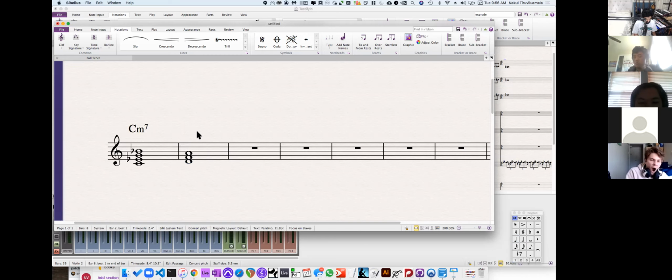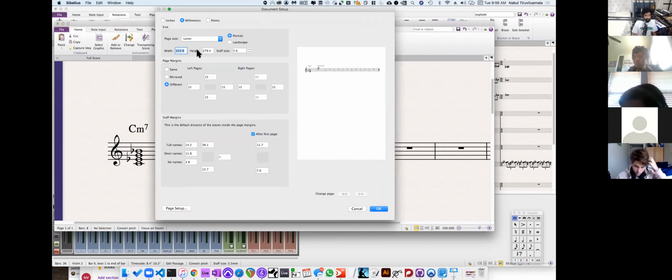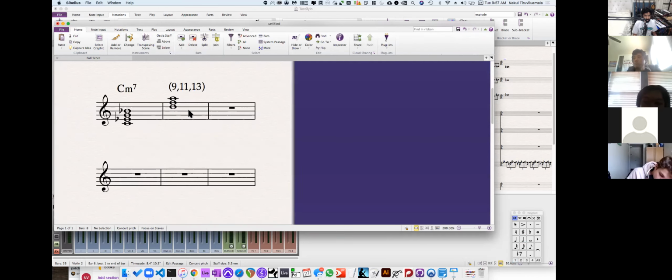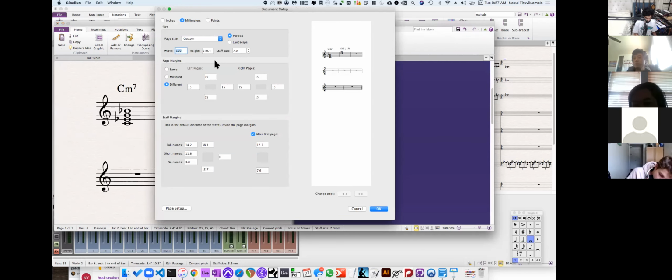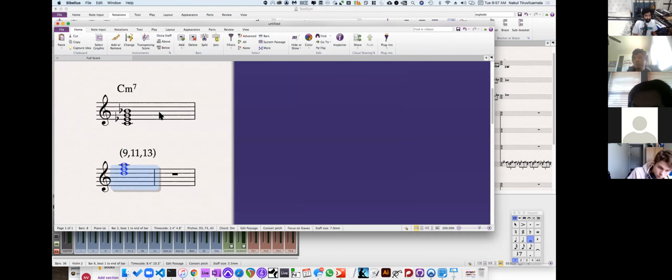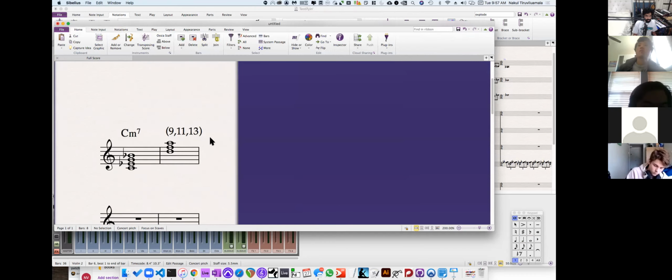You have the 9, the 11, and the 13. If I took these notes and brought them up an octave, 9, 11, 13, these pair nicely with these chords. These are the implied extensions.